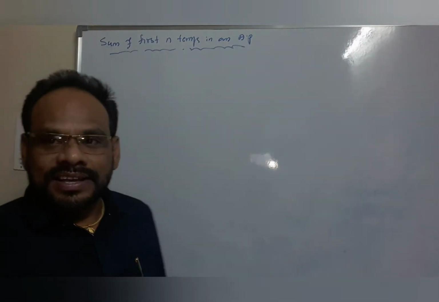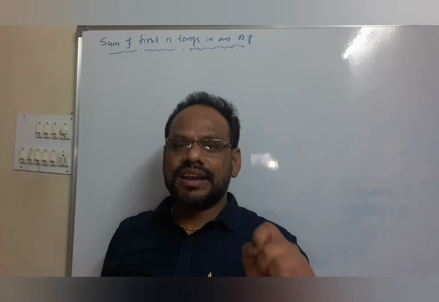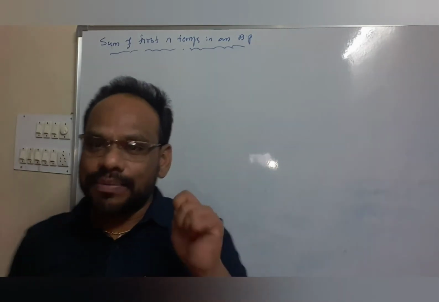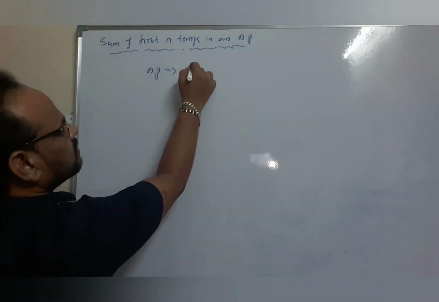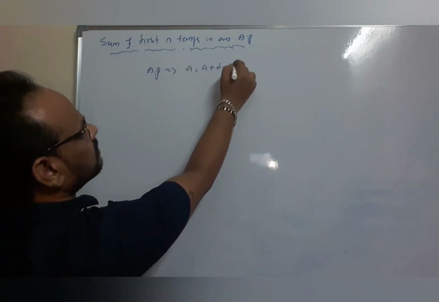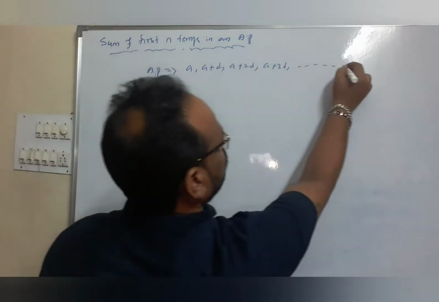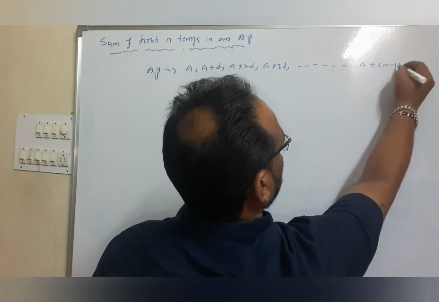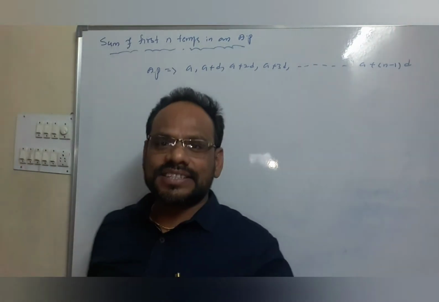We know that A is the first term and D is the common difference. The general form of an arithmetic progression can be written as A, A plus D, A plus 2D, A plus 3D, and so on, up to A plus n minus 1 into D. Okay, we want their sum.